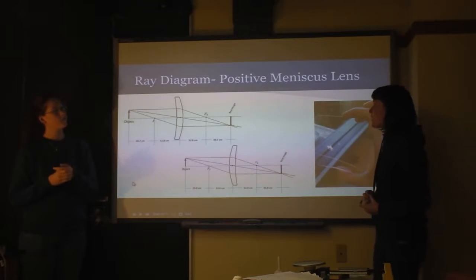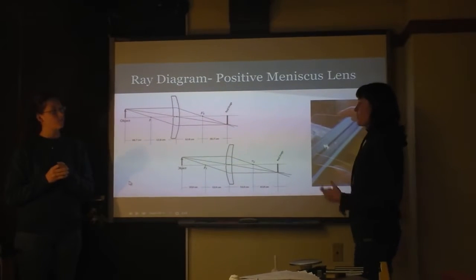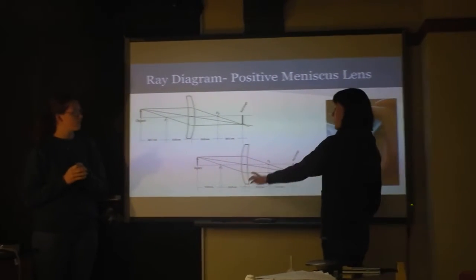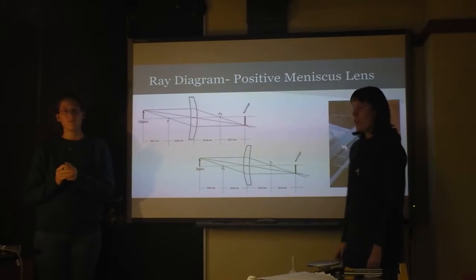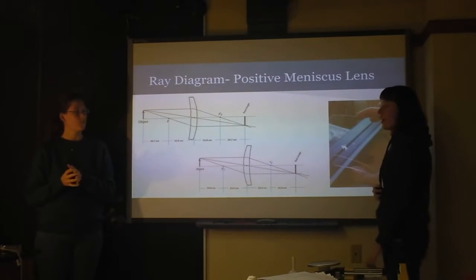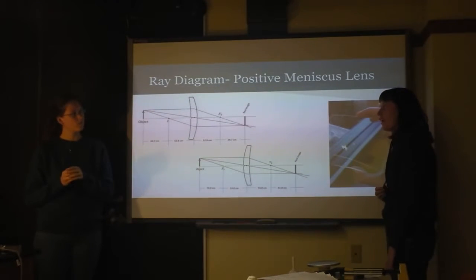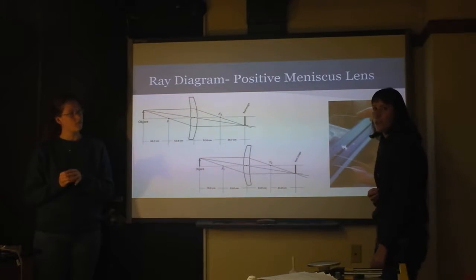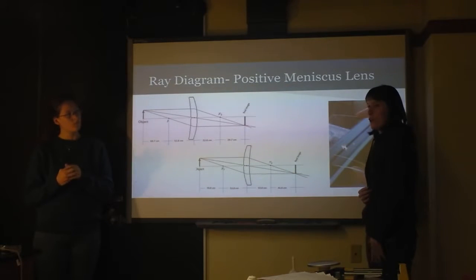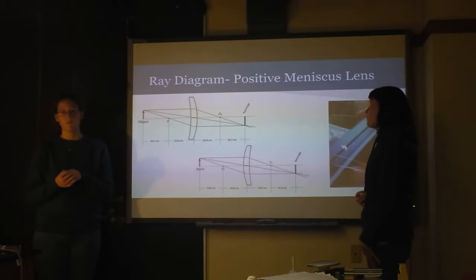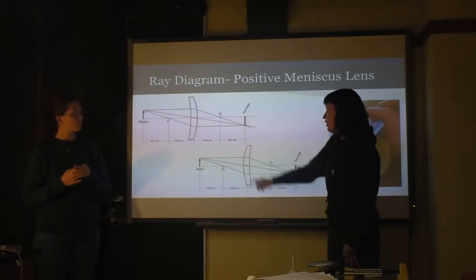We also did positive meniscus lenses, which means that it's thicker in the middle than on the edges, and that is sort of what a converging lens is. Converging lenses, simplified, are thicker in the middle than on the edges, and diverging lenses are thinner. There are also negative meniscus lenses, where it's thinner in the middle.